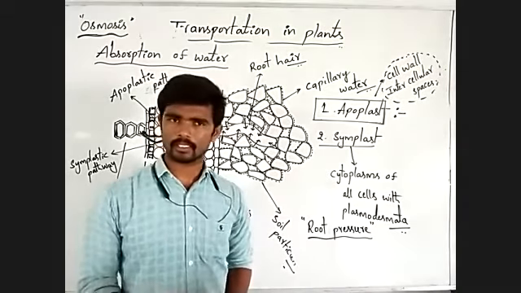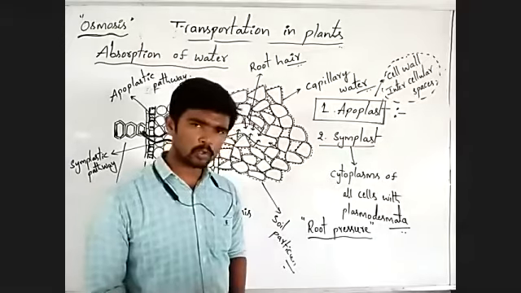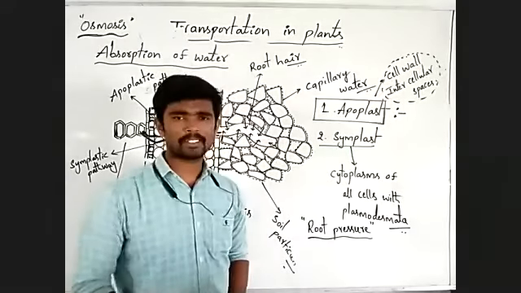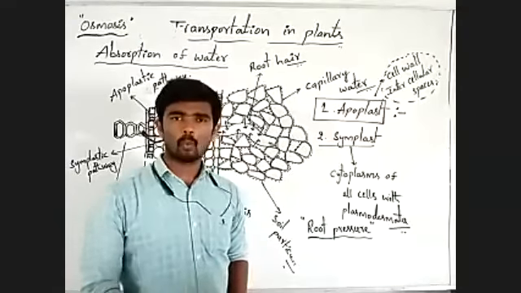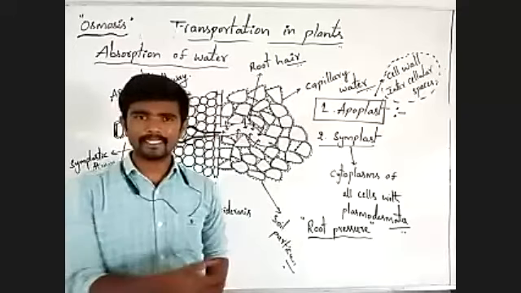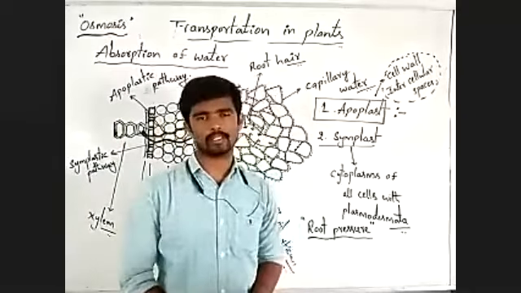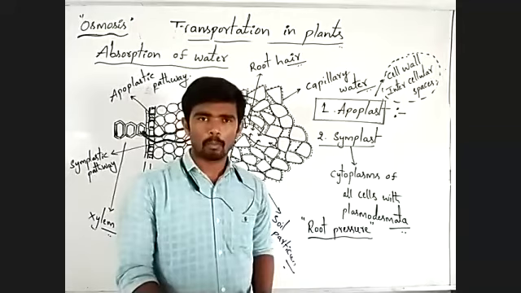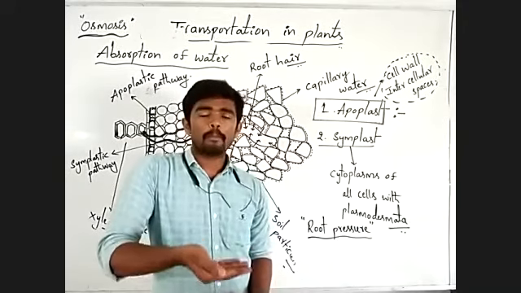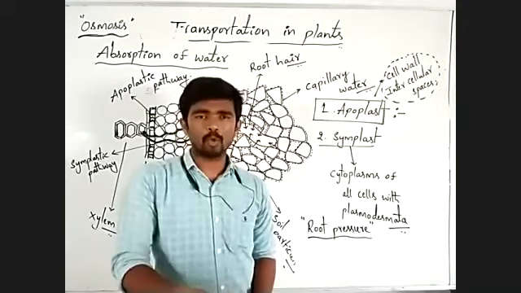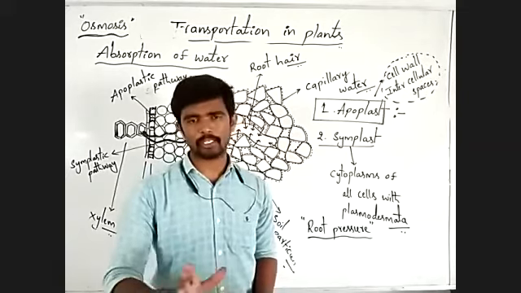Are you understanding? What is the use? Because of this root pressure, water present inside the xylem of the root is pushed in upward direction up to just a few centimeters only. Listen carefully.